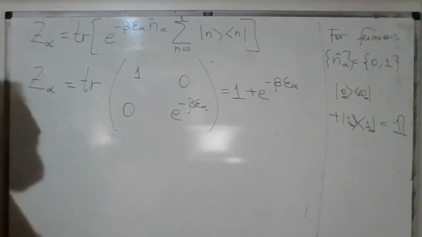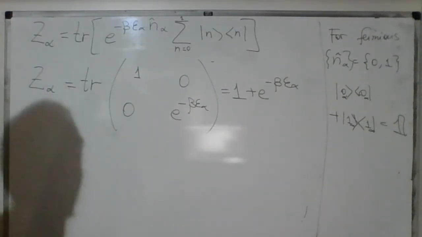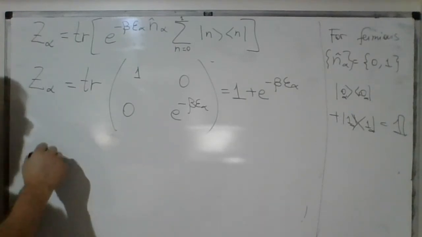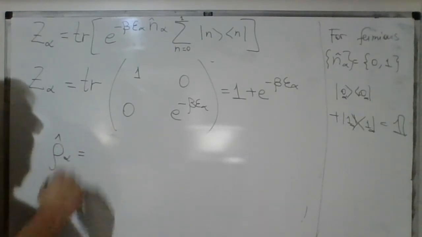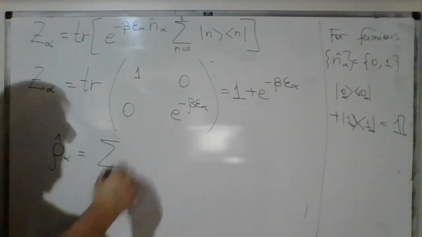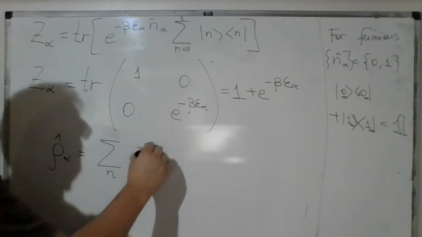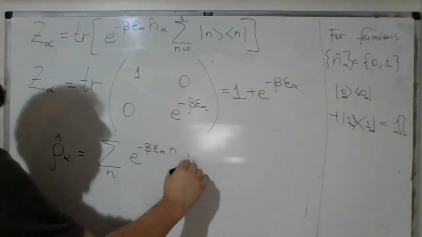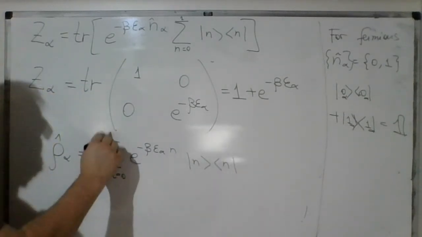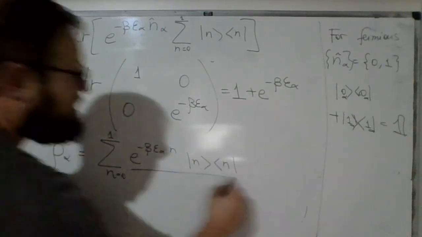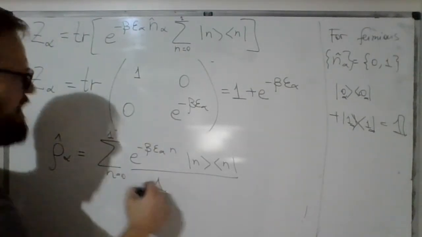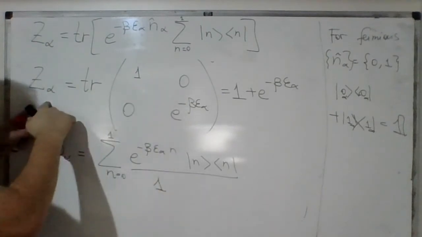Now we can calculate the density matrix for the state alpha. It is just a summation over n of e to the minus beta E alpha n times this exterior product, but it runs from 0 to 1, and it is now divided by this factor because this is the trace of this matrix, which is the partition function.